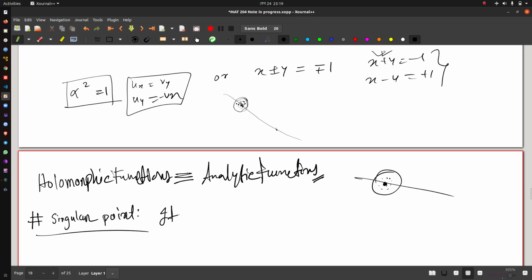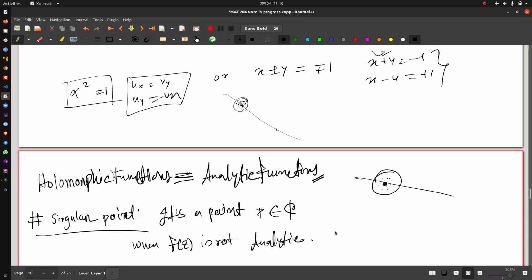It's a point in the complex plane, let's say the point is denoted by P, which belongs to the complex plane, where your f of z, or the function of interest, is not analytic. For example, 1 upon z square can be a function which is not analytic at z equals 0, and this 0 is a singular point for this function.